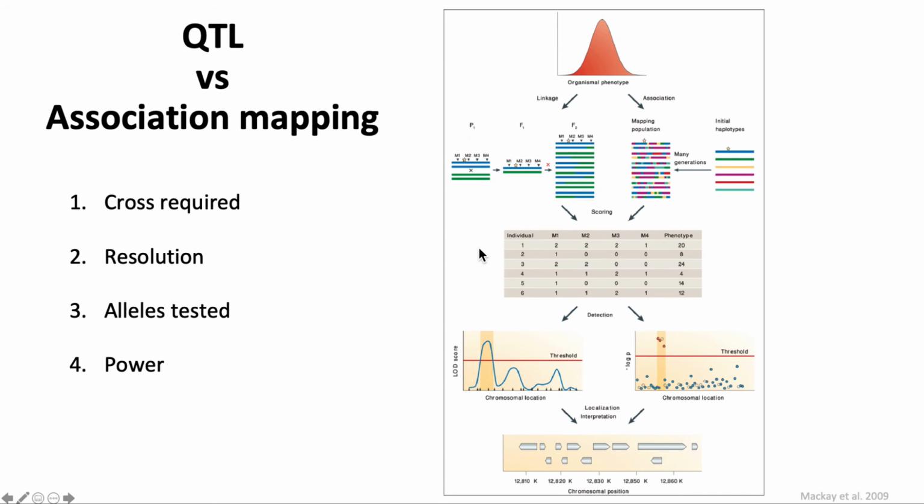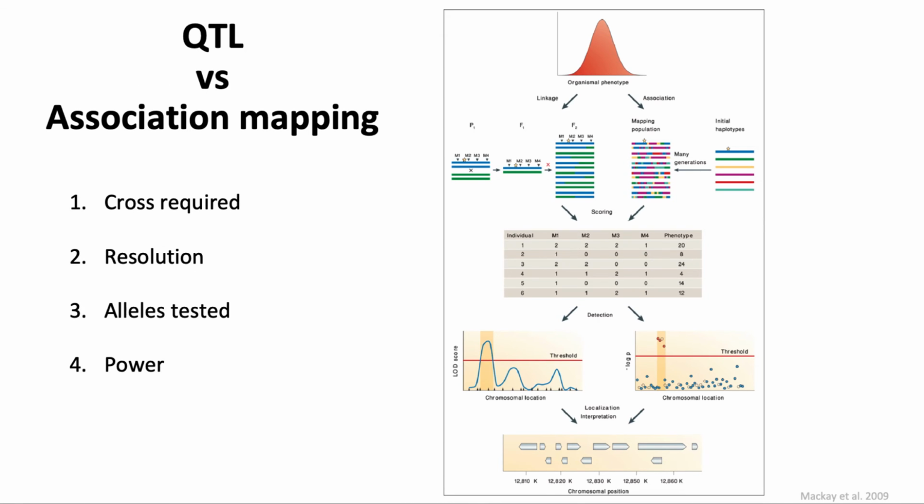The resolution is higher in association mapping, again, because we have more recombination events than in biparental populations. The number of alleles that we can test in association mapping is higher because, as we have a diverse panel, we're going to have more alleles than in a biparental population.